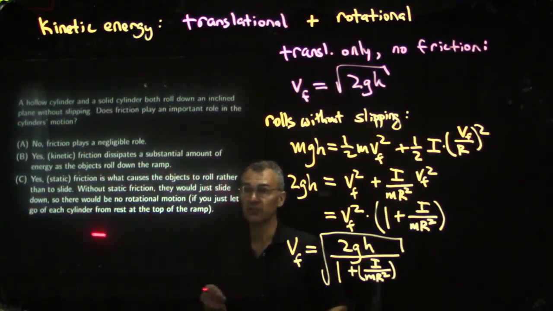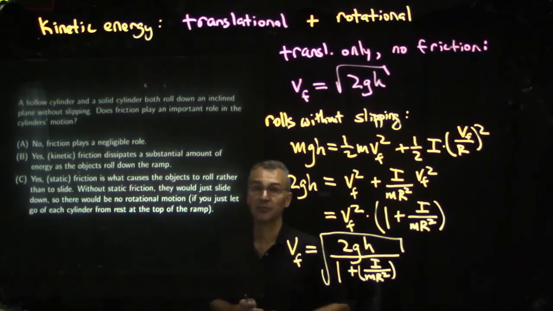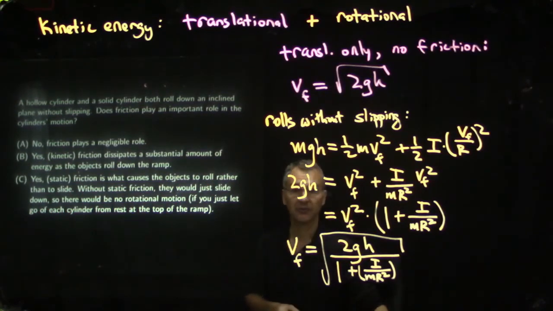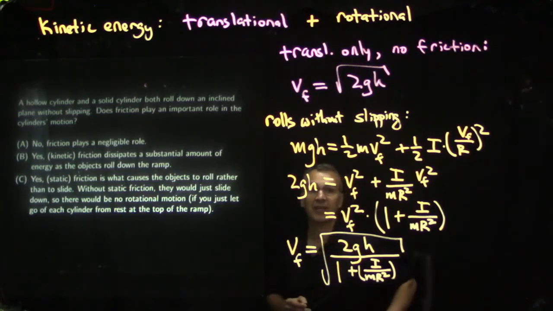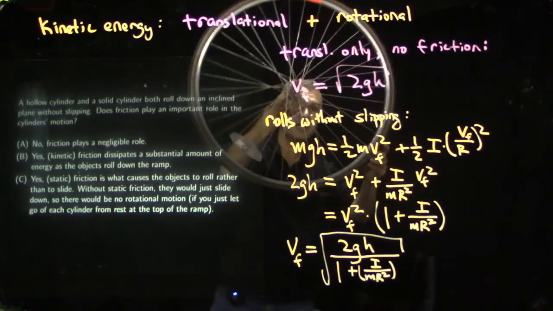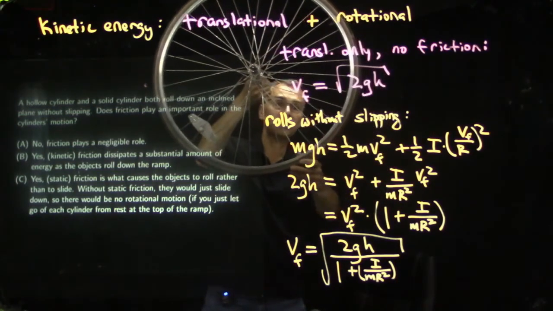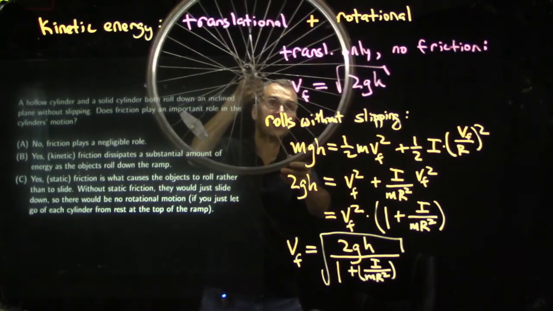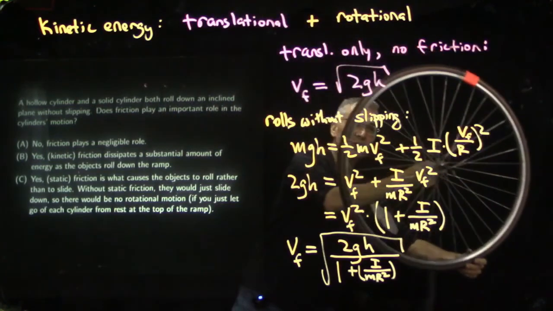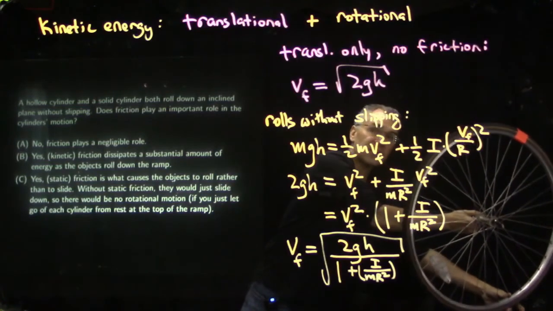If you just let go of each cylinder from rest at the top of the ramp, then there's nothing that starts them rotating. Let's see if we can see that with the bicycle wheel. So if I let this bicycle wheel go down a sheer sheet of ice, there's nothing that starts the wheel rolling. The bicycle can just slide, can just translate down the hill.